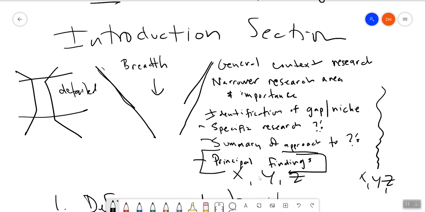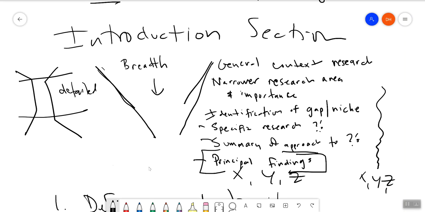Now we'll talk more about this once we get to the conclusion and discussion section. But that's the basic structure. That's the basic list of things that the introduction section wants to do. It starts off general, narrows into the specific research area, why it's important, identifies the gaps in existing research, identifies your specific research questions, summarizes the approach to those questions, and then announces the principal findings. And that's it.